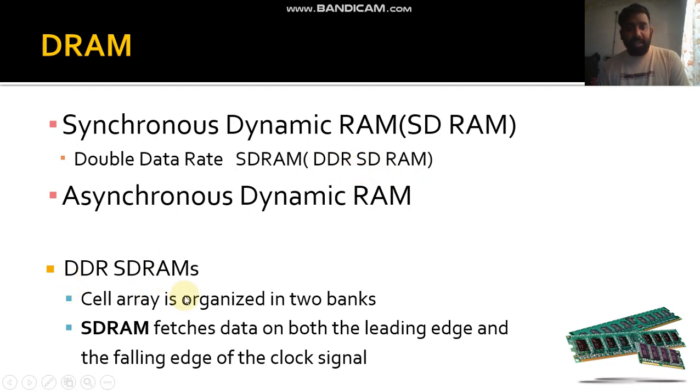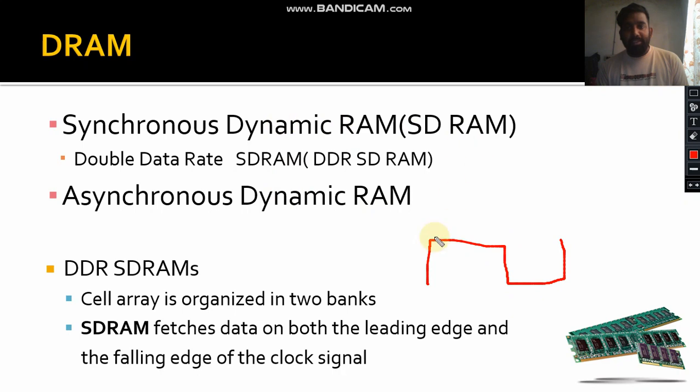In the DDR SDRAM, we have a data transfer for a single clock pulse. Usually the data in synchronous dynamic RAM is synchronized using a clock pulse, which has both a rising edge and a falling edge.